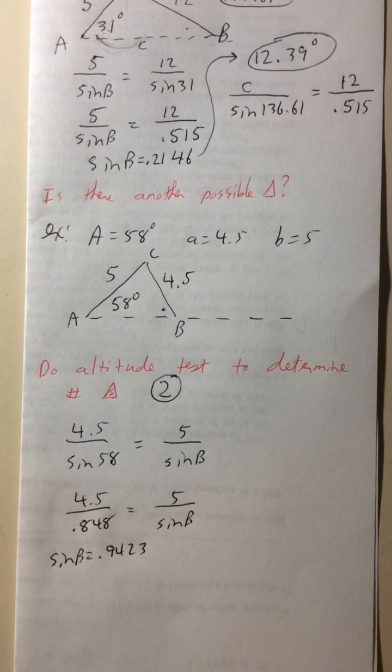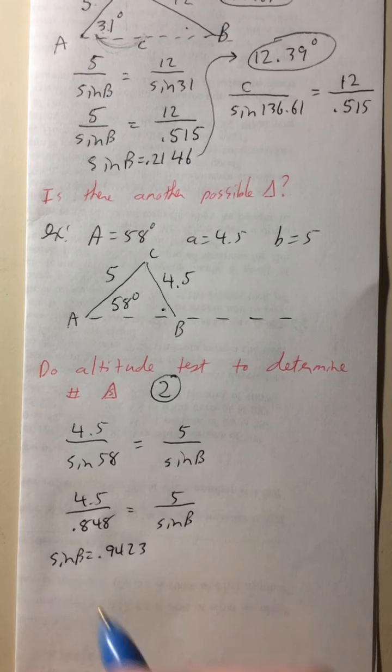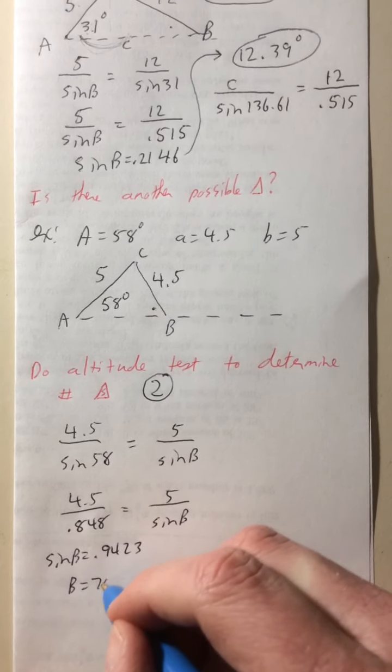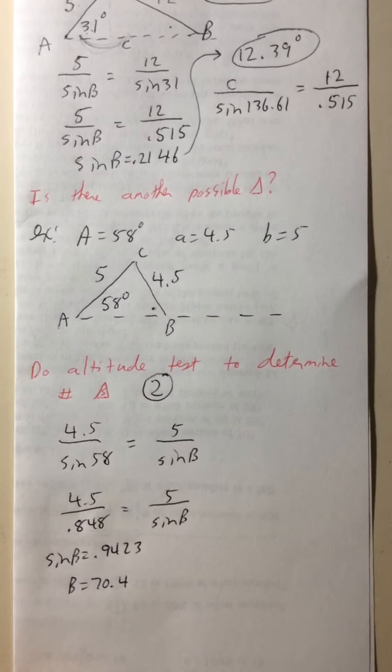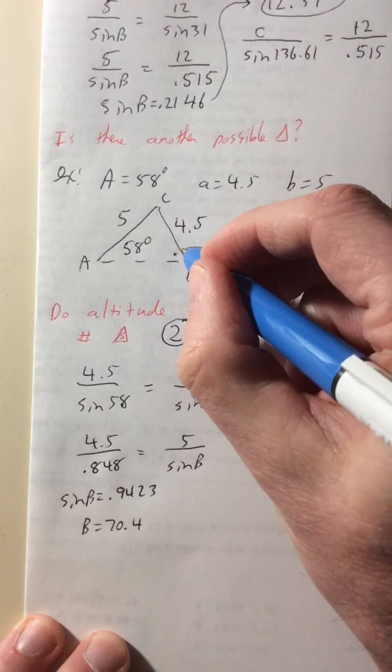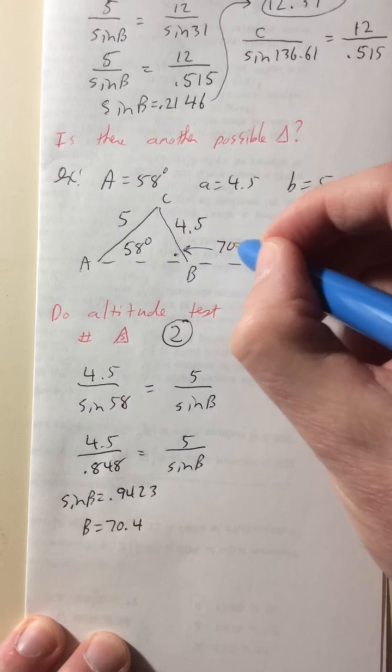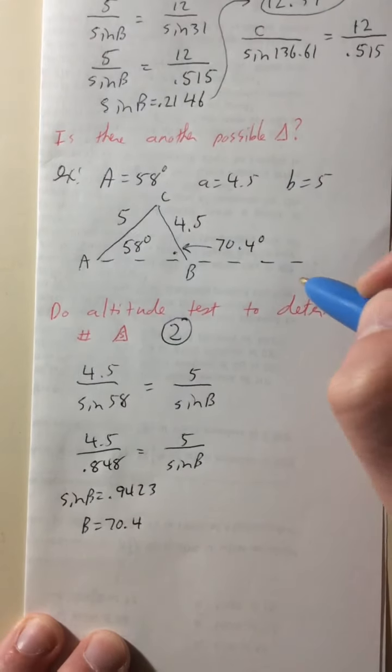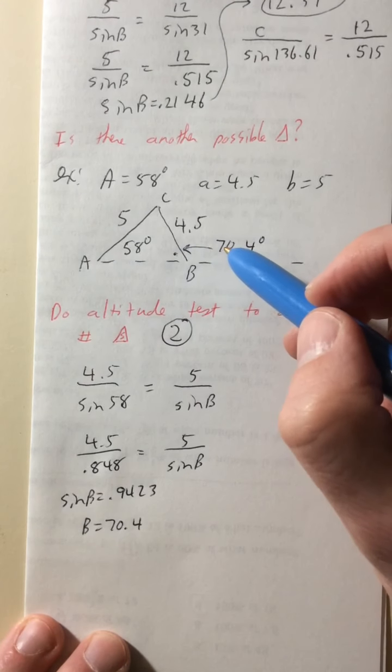So arc sine of 0.9423 equals 70.44 degrees. So B equals 70.4, we'll just do one decimal place, 70.4 degrees. So that goes right in there, 70.4 degrees.